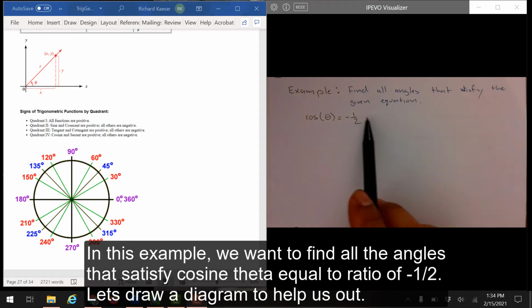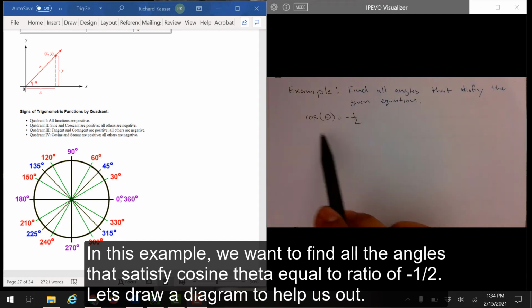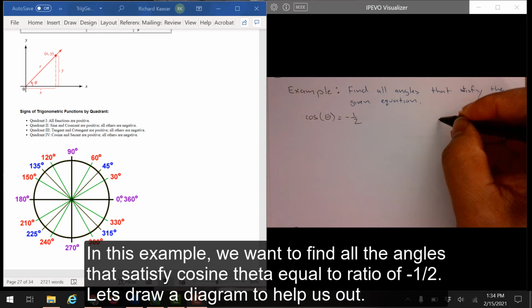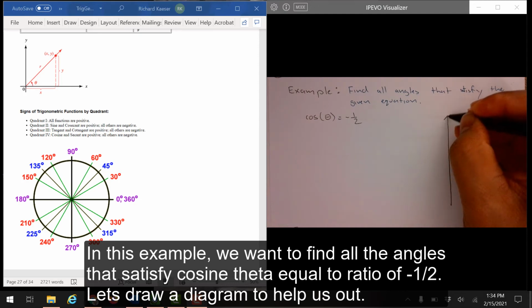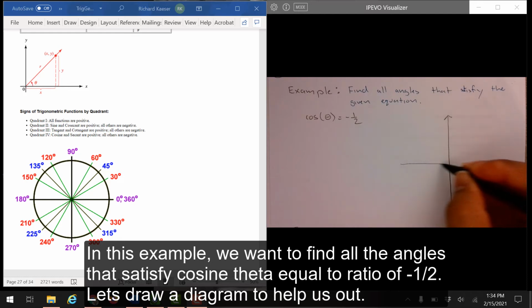In this example, we want to find all the angles that satisfy cosine theta equal to negative 1/2. Let's draw a diagram to help us out.